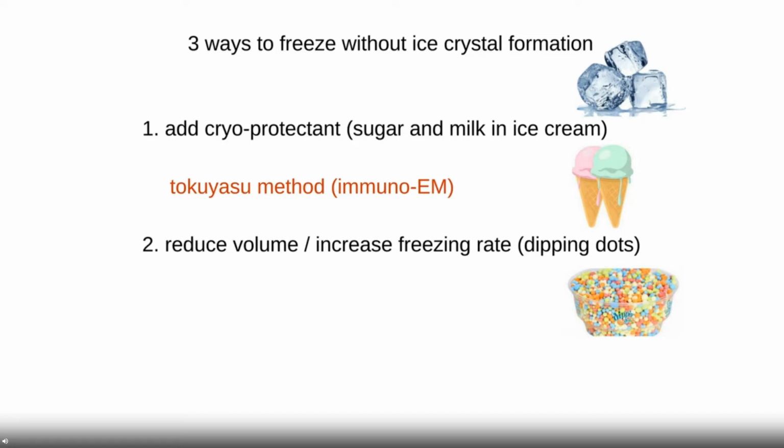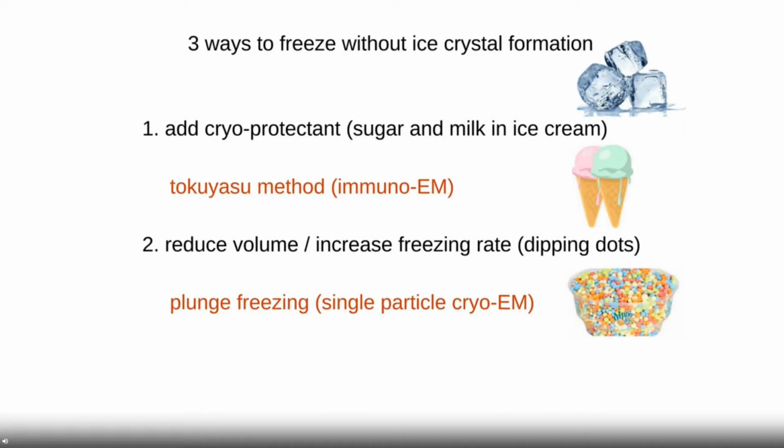Although this doesn't have milk in it, you still don't get the crystalline-like texture when you eat Dippin' Dots. People use this technique for single particle cryo-EM or cryo-electron tomography these days. This is called plunge freezing, and we are putting the tissues or samples into liquid ethane in those cases.